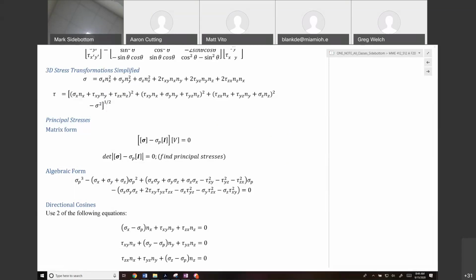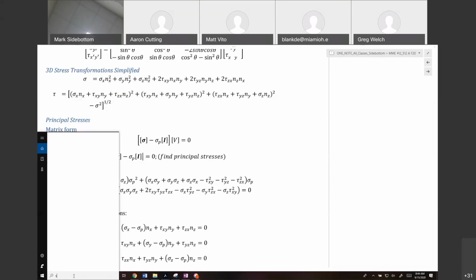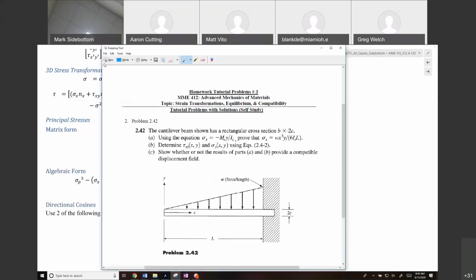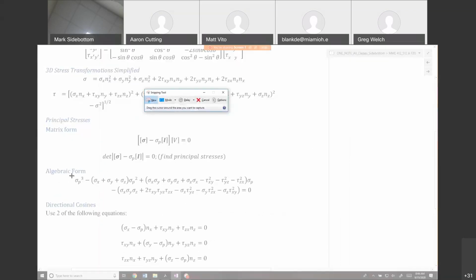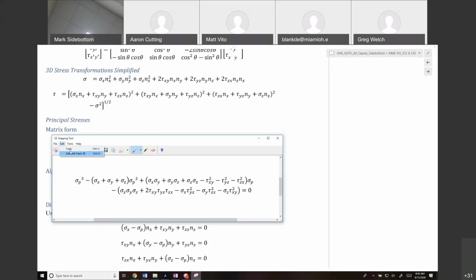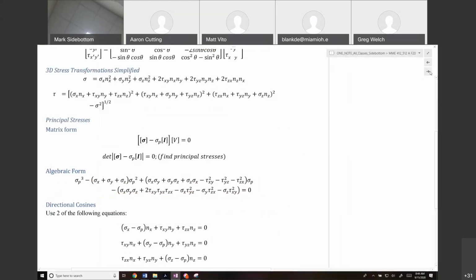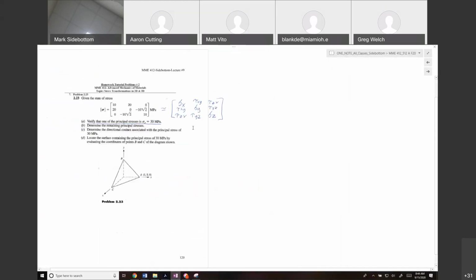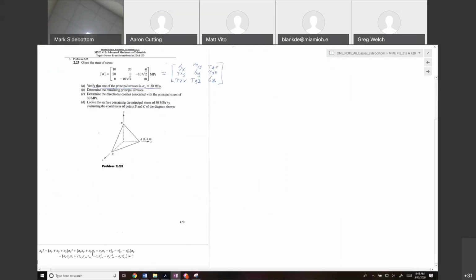I'm going to use the algebraic form in this case. So let me copy this equation here.